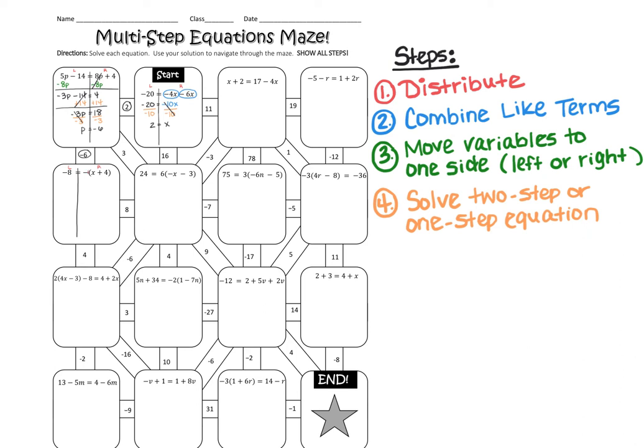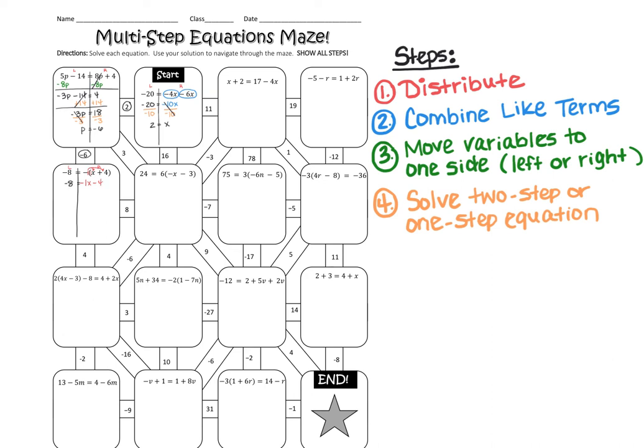And just in case we don't see what it is, we put those understood ones to help us. So when we distribute, remember we're multiplying. So that means take negative 1 times 1, you get negative 1x. Take negative 1 times positive 4, you get negative 4. And then everything else is brought down.